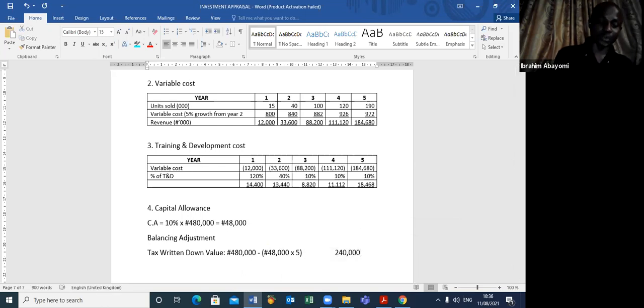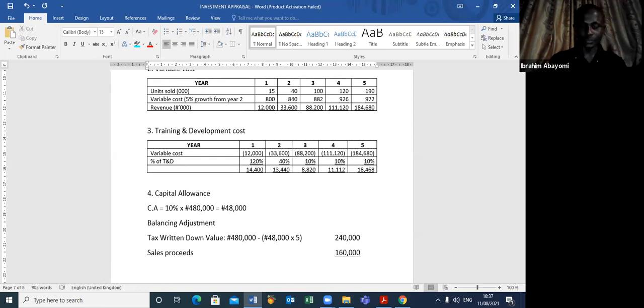I will compare it with what? With my scrap value or sales proceed. What is the sales proceed? The sales proceed is 160 million. So when you compare these two, which one is higher?